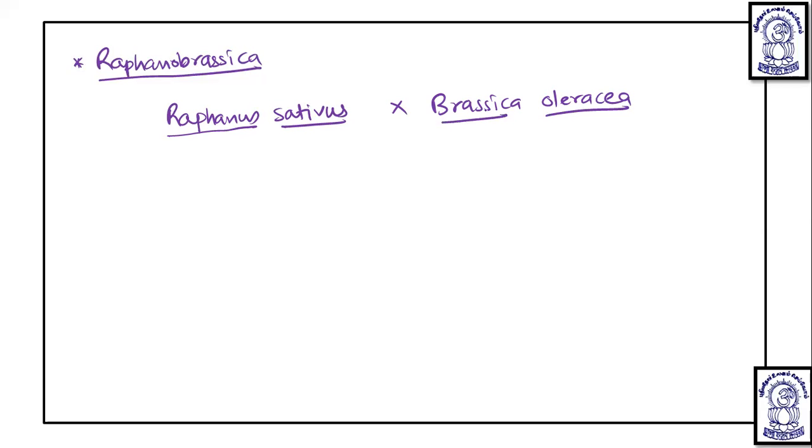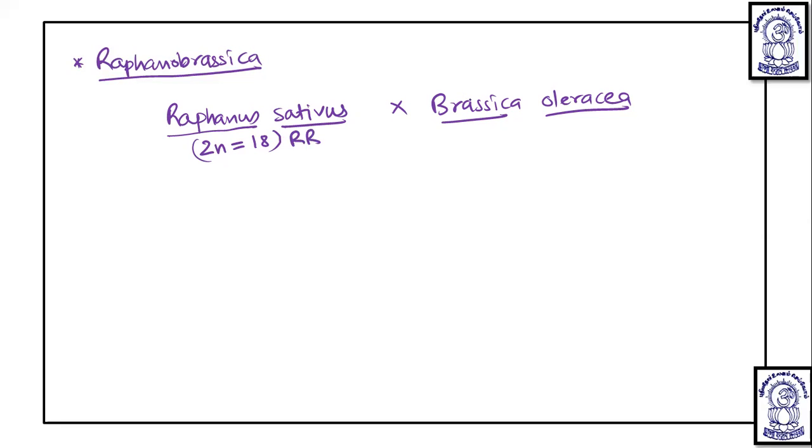Okay. Now, when we see this Raphanus sativus, it is a diploid individual, and the diploid individual has 18 chromosomes. So here 2n is equal to 18.